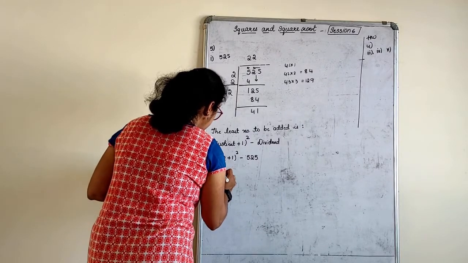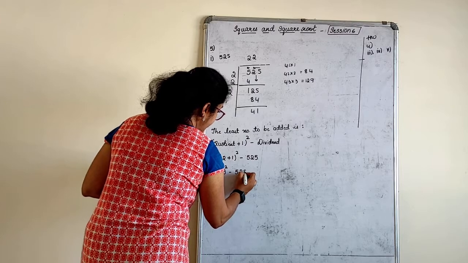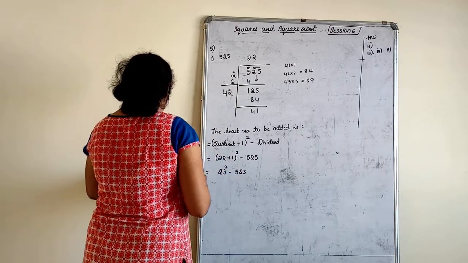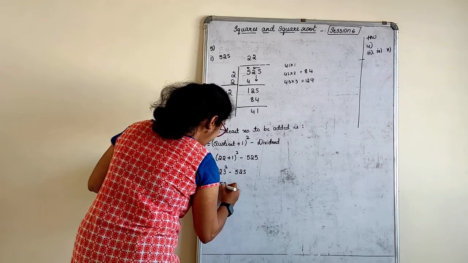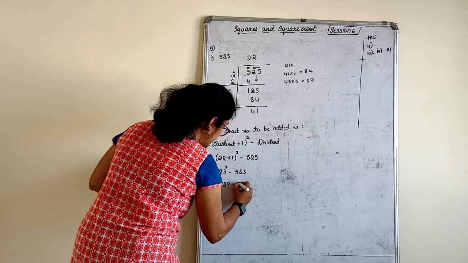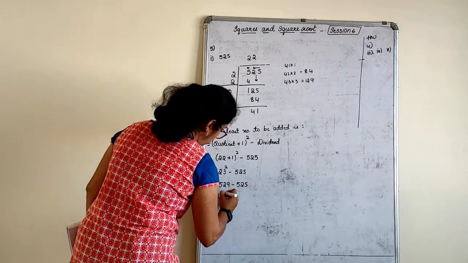Now, it is 23 square minus 525. This is the procedure. So, when we find 23 square, we get the answer as 529 minus 525. Answer is 4.